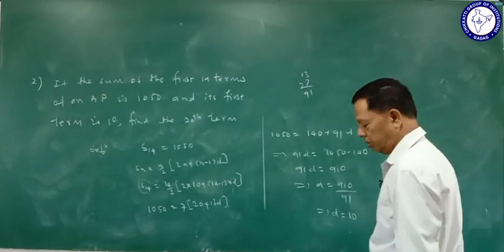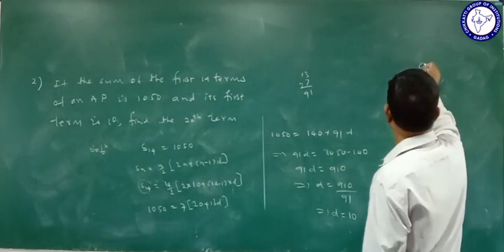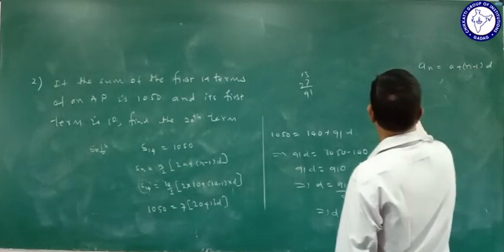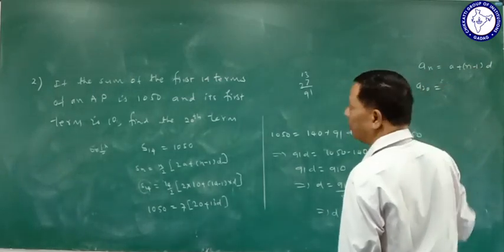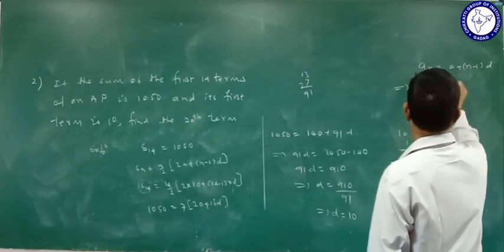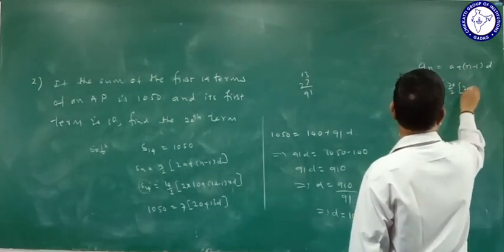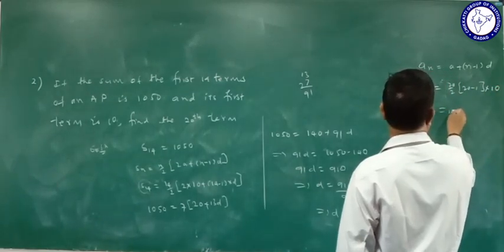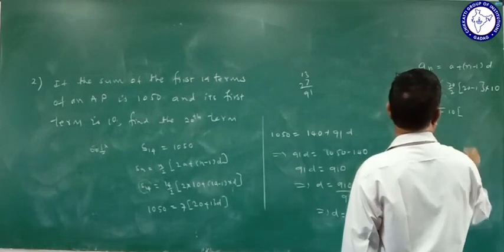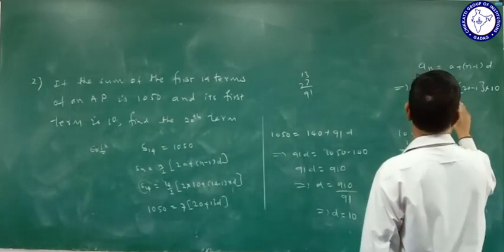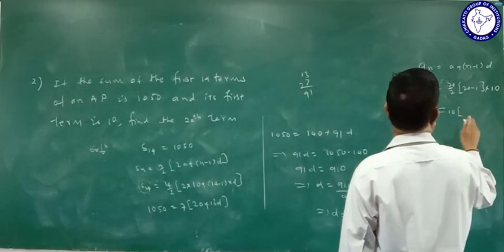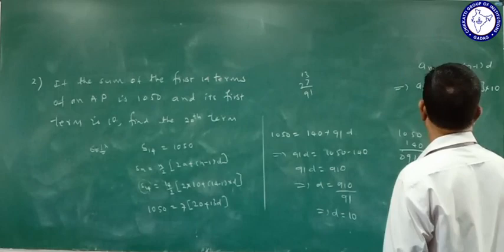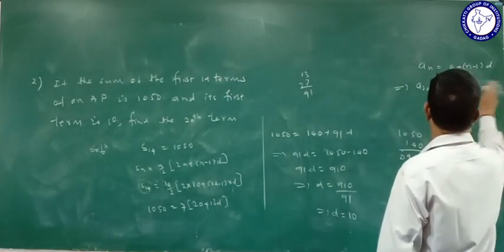Here you have to see this a_n. You know, a_n is equal to a plus (n minus 1) into d. But you see this is not correct. a_20 is equal to a, and a is how much?